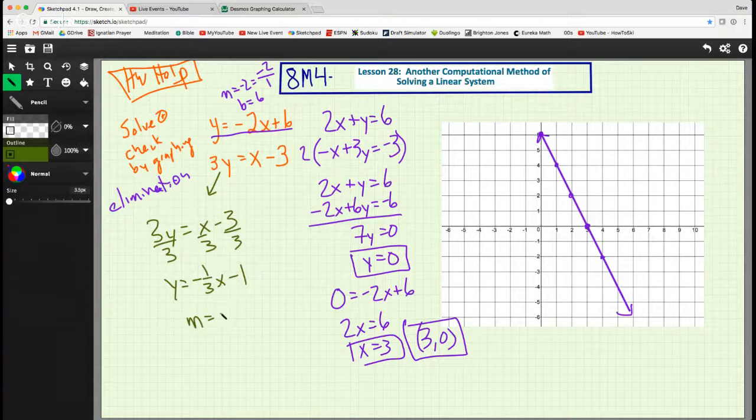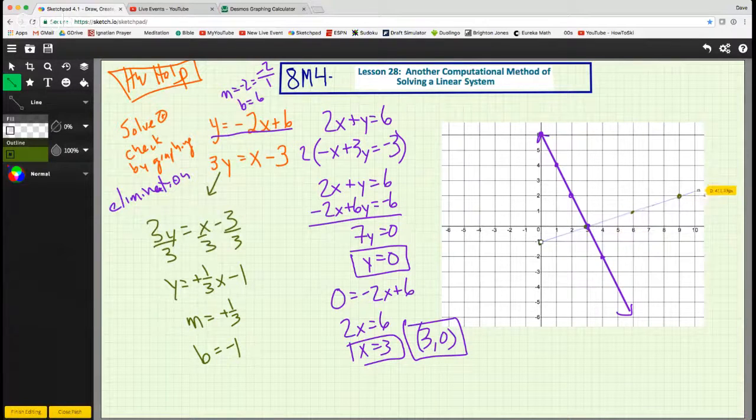Our b is negative 1, and our m is positive 1/3. There's no negative there. So we go up 1 over 3, up 1 over 3, up 1 over 3, and there you have it.